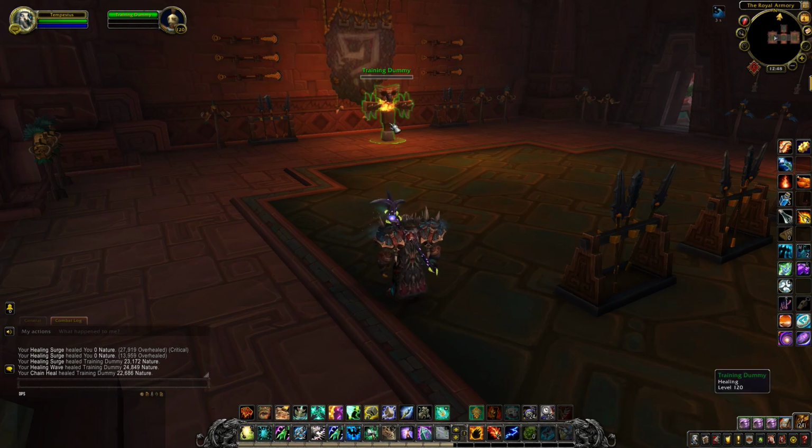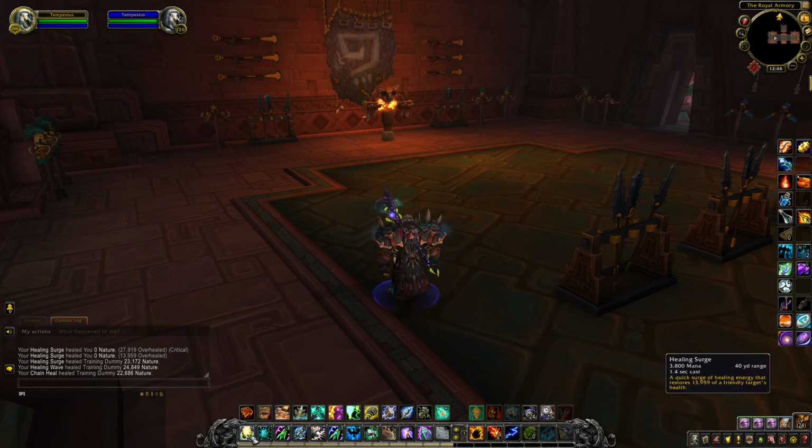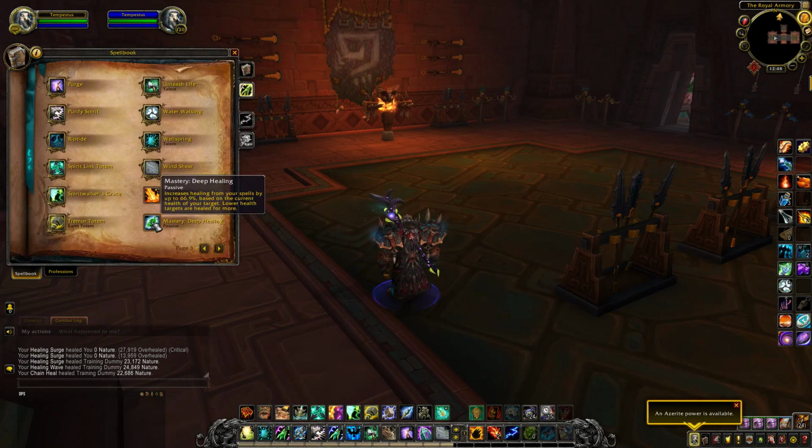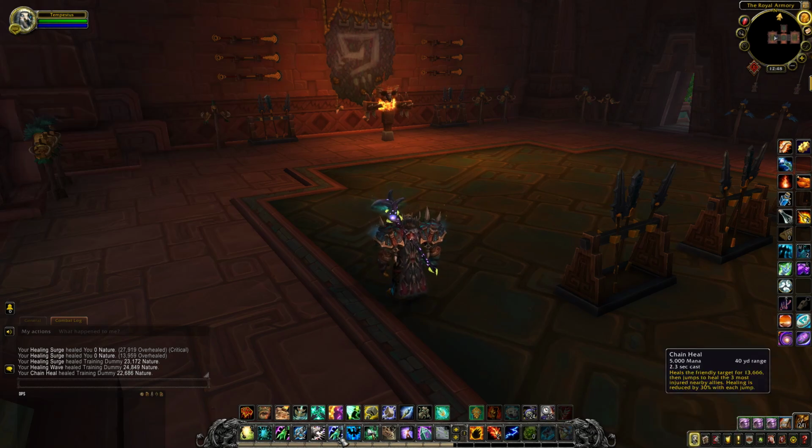It doesn't matter whether you target the training dummy or target yourself, the tooltip still remains the same regardless of how much health your target has. So the tooltip is kind of lying to you. It's lying and it's not lying. It's only true for targets who have 100% health, but because of your mastery, it will kind of never be true. Or if you're playing a healer correctly, it should never be true, because you should never be healing people who are full health.